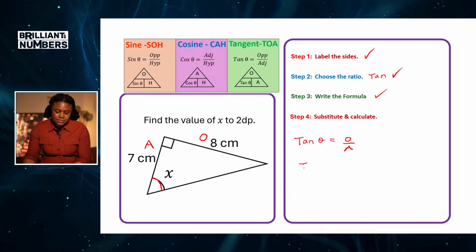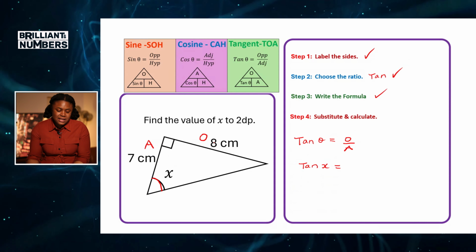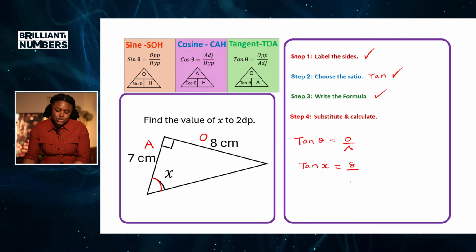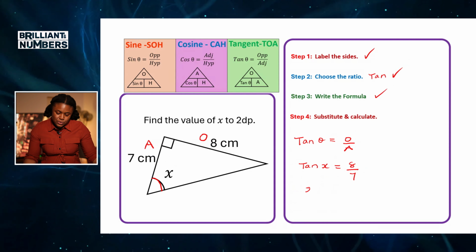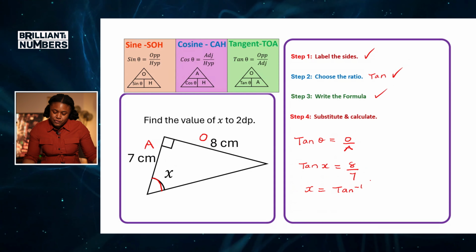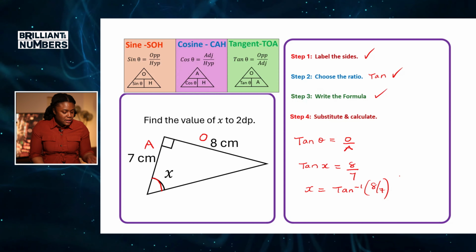So tan x, I don't know the angle, so tan x is equal to the opposite side, which is 8, divided by the adjacent, which is 7. I now need to do the inverse. So x then would be equal to tan inverse of 8/7. Close your bracket, you enter that into your calculator.